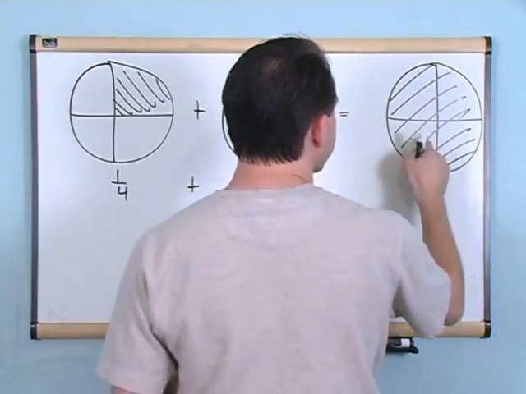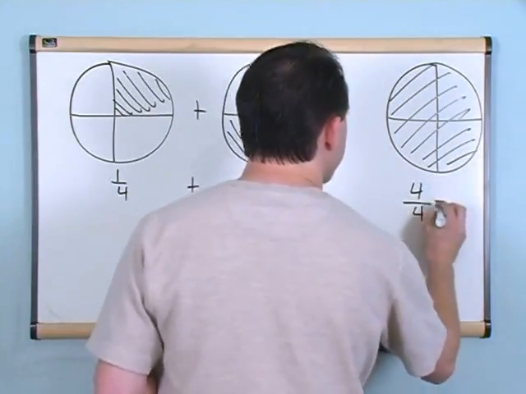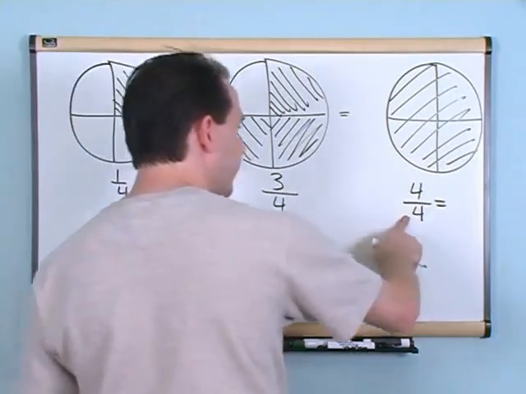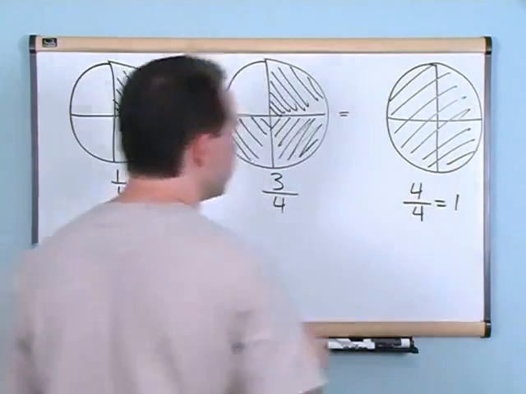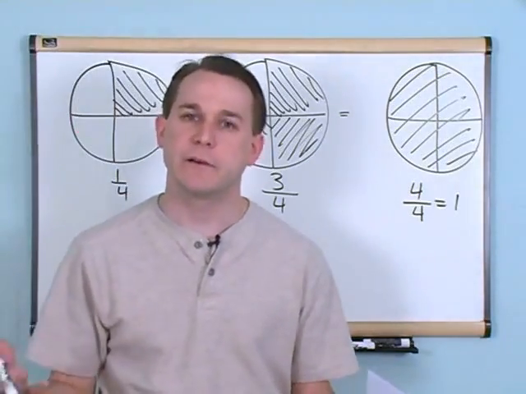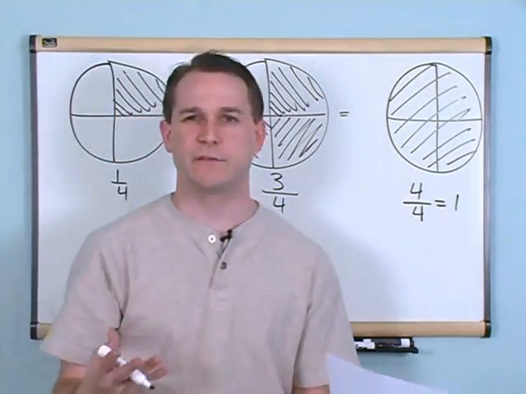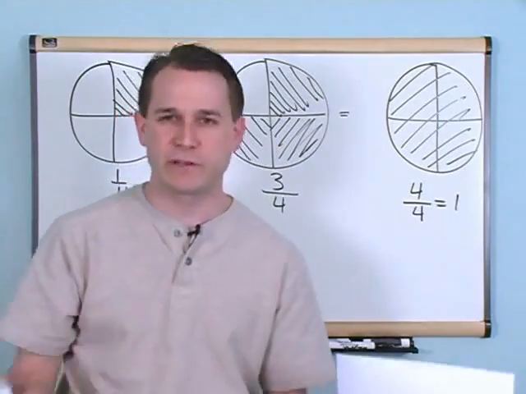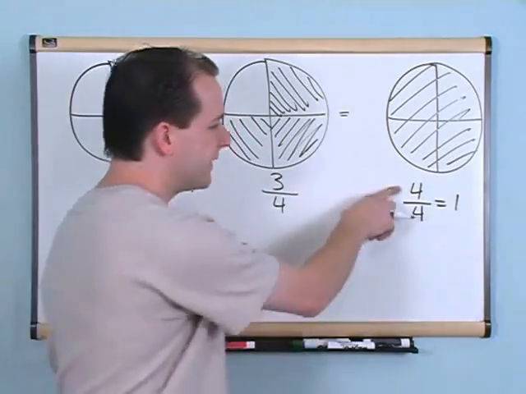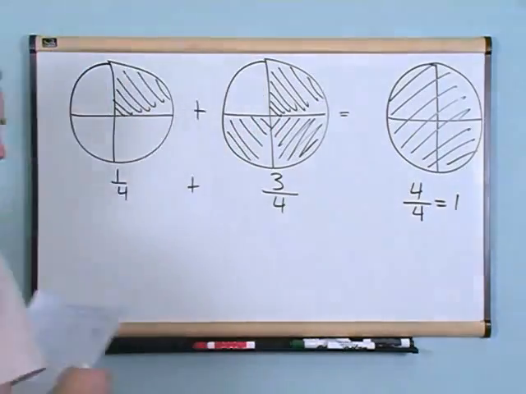So it's 4 pieces out of a total of 4 pieces, and 4 divided by 4 is just going to give you 1. Remember, a fraction is kind of like division. But in these cases, you can't really do the division because you have 3 divided by 4, so you'd leave it as a fraction. But in this case, 4 divided by 4, you know what that is. So just make it equal to 1.